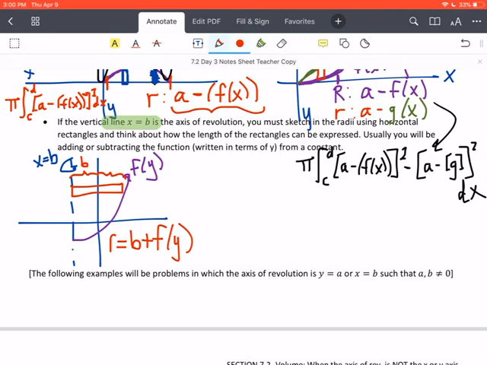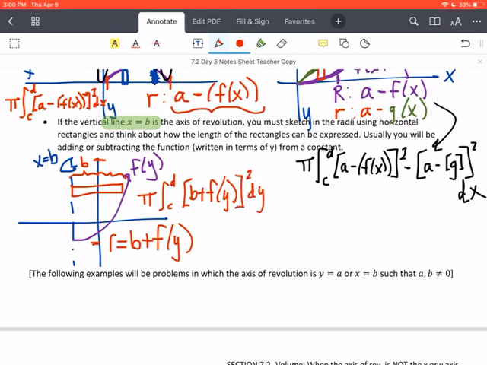Okay, so once we've established that, you're looking at your limits of integration based on what the problem says, but they're off the y-axis. So we have pi integral from c to d of b plus f of y, and be careful with that f of y, put that in parentheses, whatever that function might be, and square it.